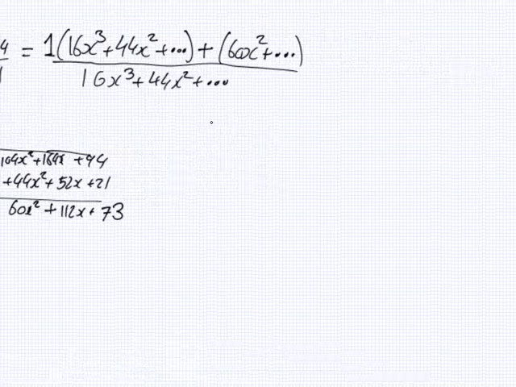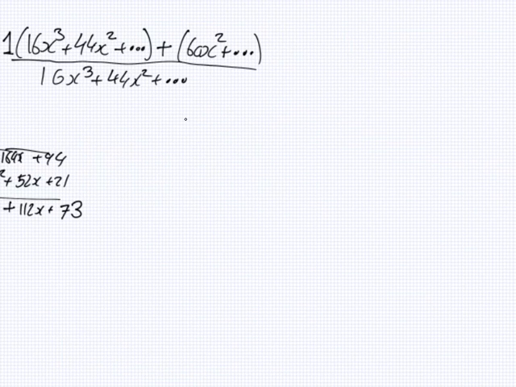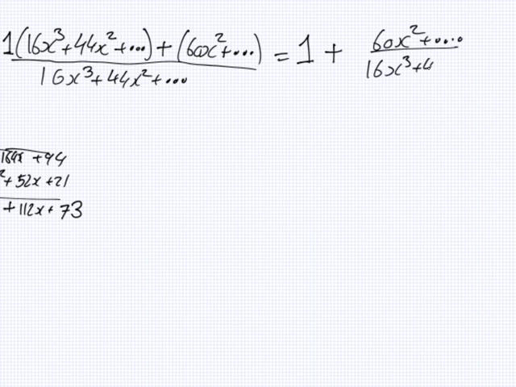And then again, the same thing happens. So what are you left with here? 1 plus 60x squared plus dot dot dot over 16x cubed plus 44x squared plus dot dot dot.